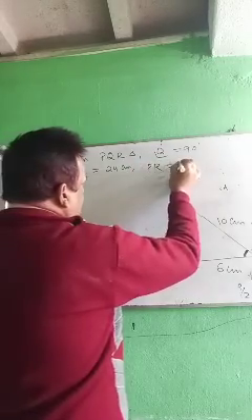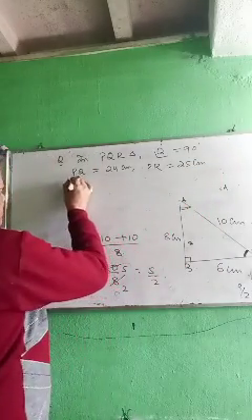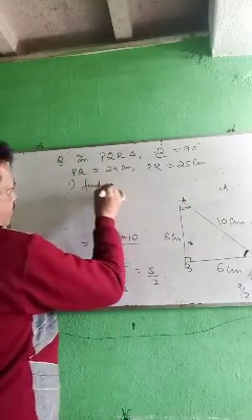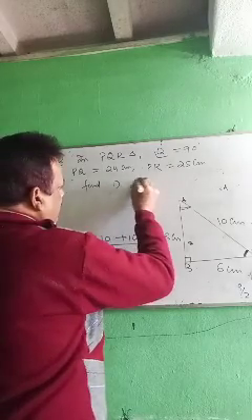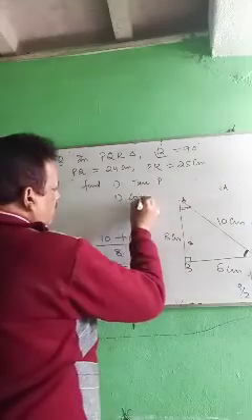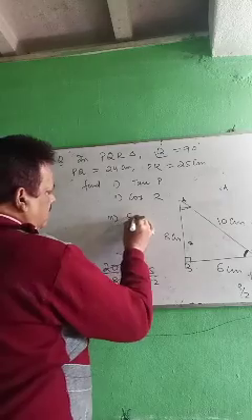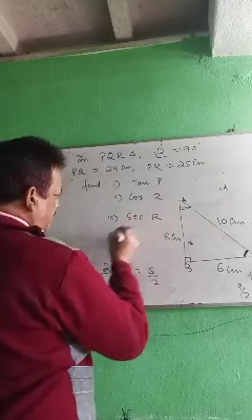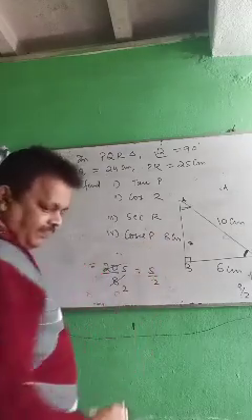PR equals 25 centimeter. Find tan P, cot R, sec R, cosec P.